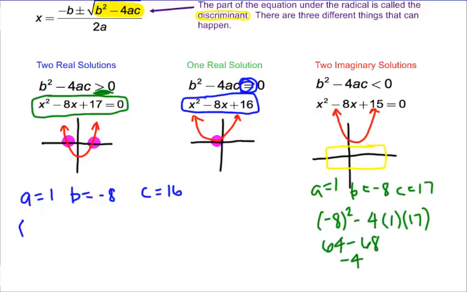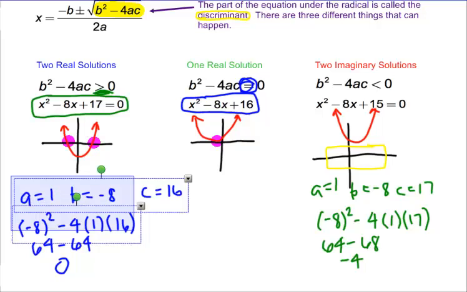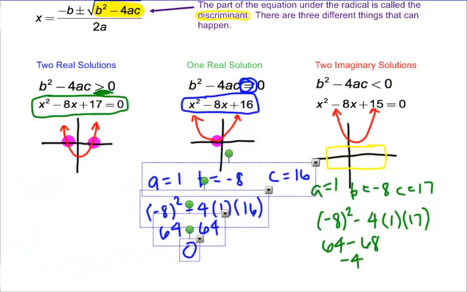So let's do this. b squared, use parentheses, minus 4 times a times c. And now I'm going to get 64 minus 64. Well, hey, guess what? This is going to give us 0. And that actually matches this middle one here. So that one matches up. That's excellent. That's what this one would look like.